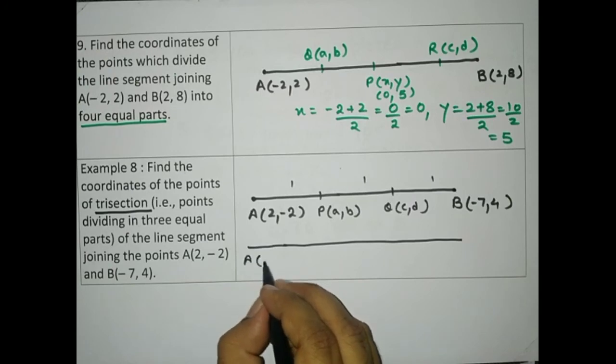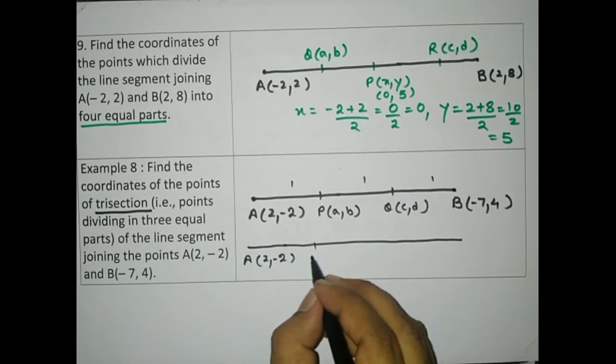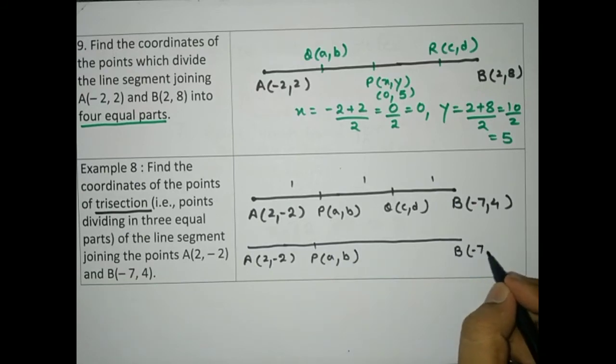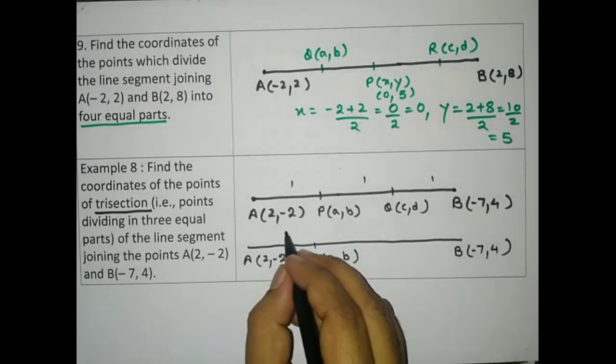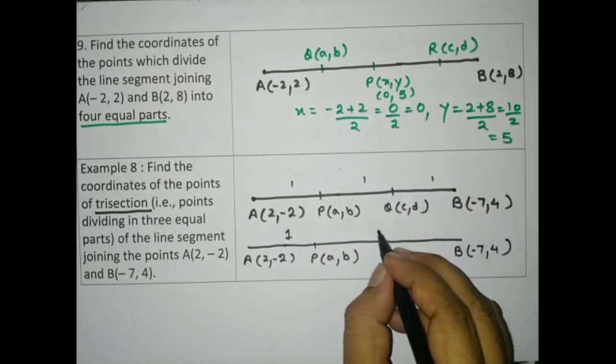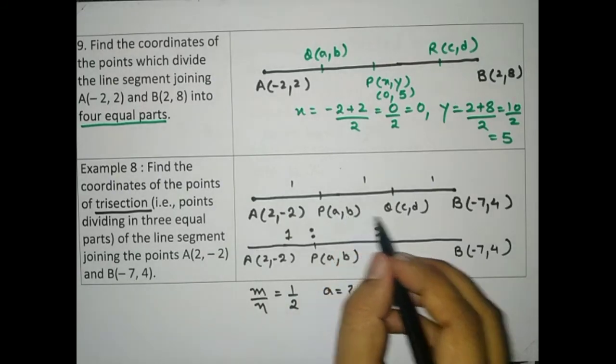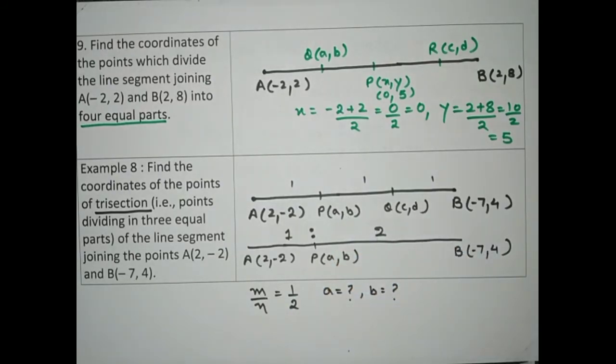And this time we will only consider point P. Now if we see in what ratio P divides AB, it is 1 part here and 2 parts there, so it becomes 1:2. So here we can use the section formula and find the point P, with the ratio 1:2. So after finding P, we can see that Q becomes the midpoint of PB. So there we can directly use the midpoint formula.